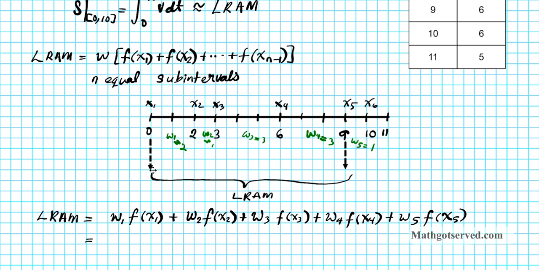So left rectangular approximation: the first width is 2 units long, 2 times f of x1. x1 is 0, okay?